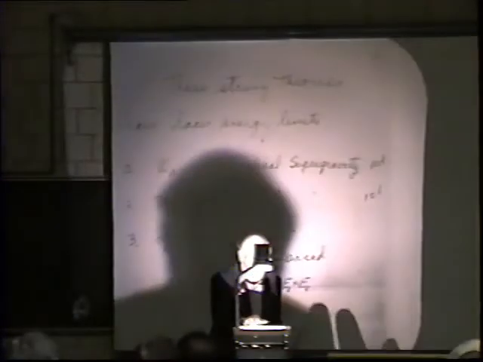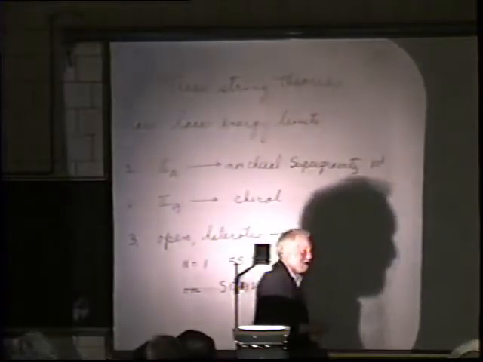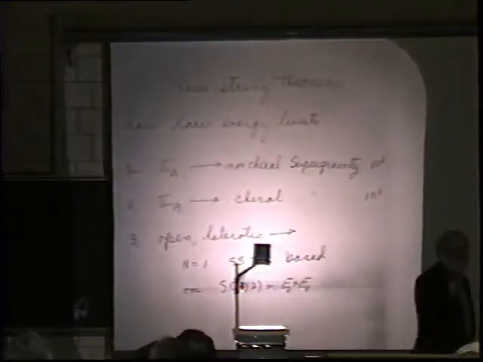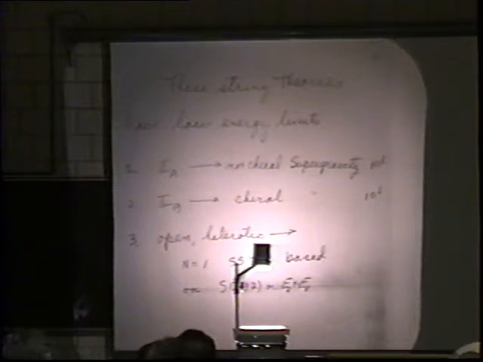Before I do that, I should also say that there are low energy limits. These string theories have low energy limits. You want to see what happens as the strings collapse to a point.